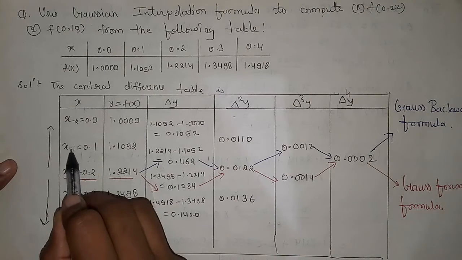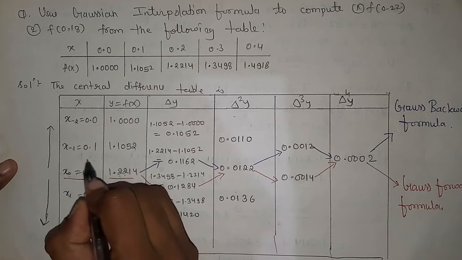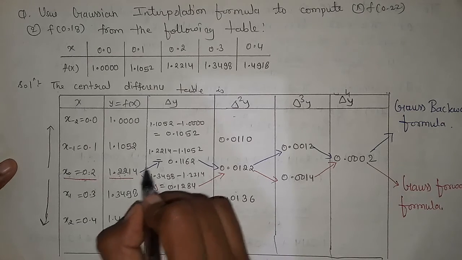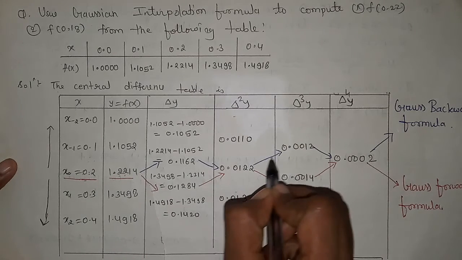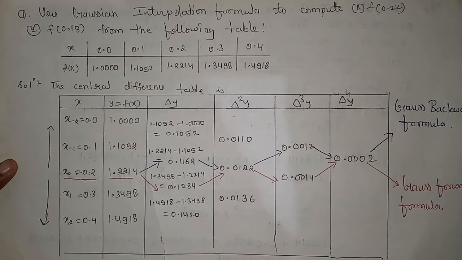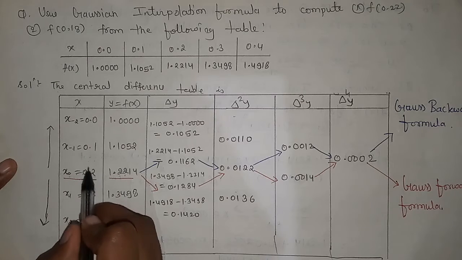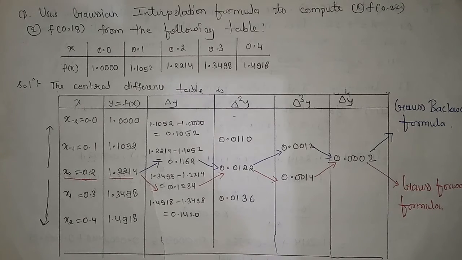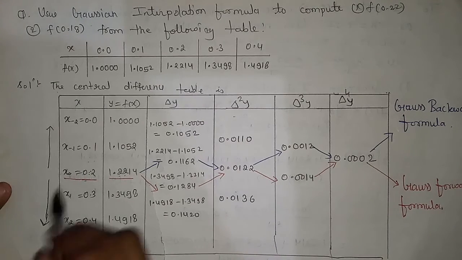This is x−1 and this is x−2, and our x0 is lying here. The blue arrows indicate the values used by the Gaussian backward interpolation formula. Now f(0.18) is lying here, so it is clear that we can use the Gaussian backward formula for this.